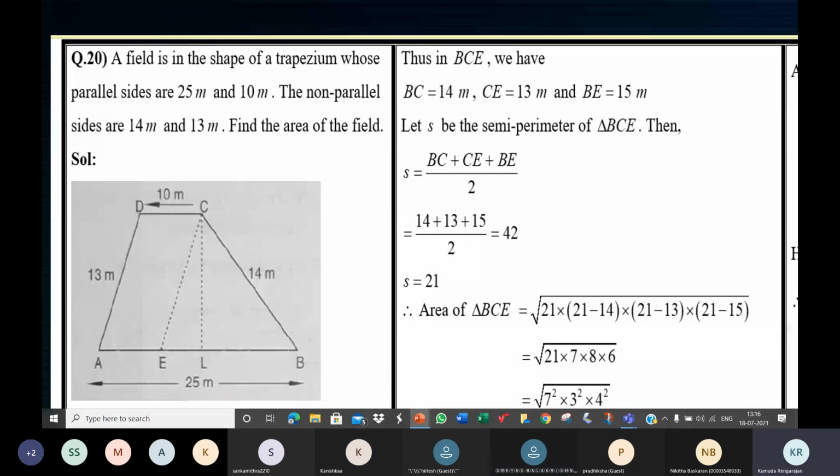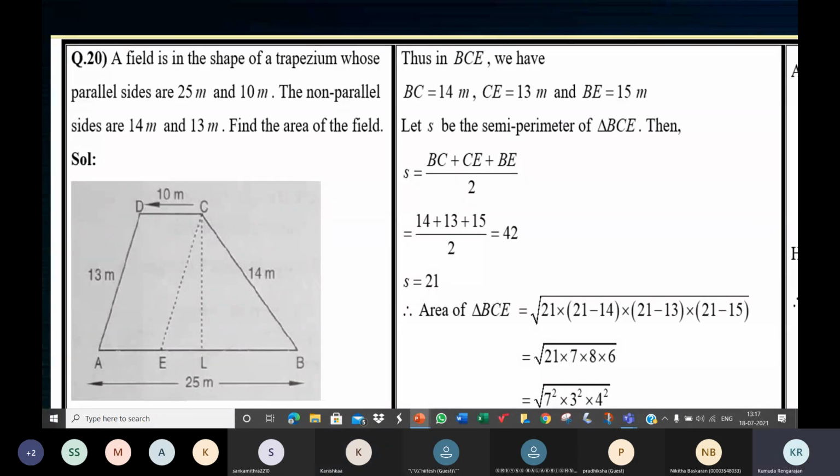And which is the triangle? Use only the vertices. Triangle BLC. Wrong. BCE, ma'am.